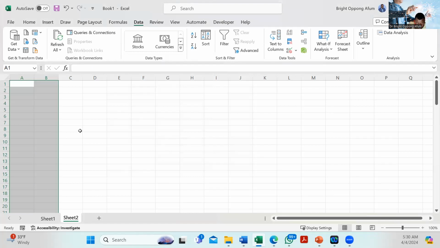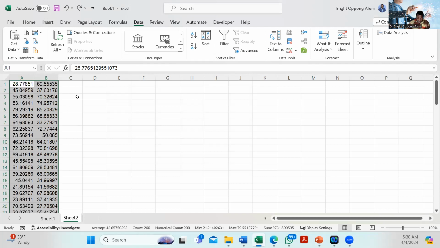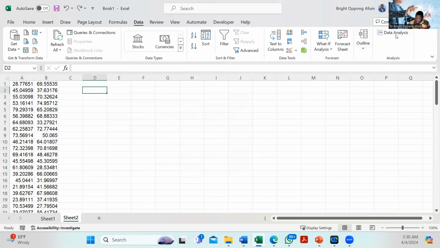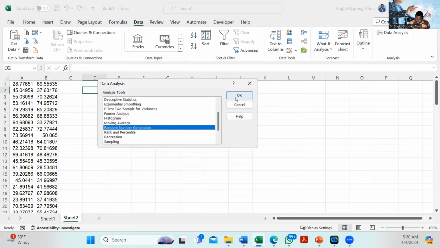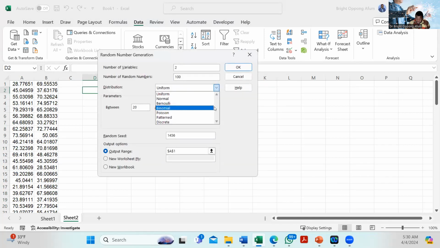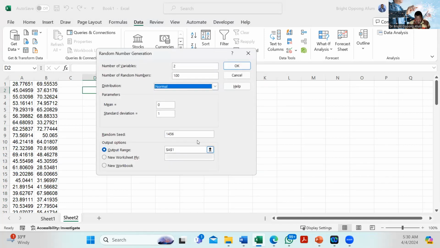So assuming, I'm not going to delete that, so assuming I want to determine another one using the normal distribution, and the mean of my data I've found out to be around 65, and there's a standard deviation of, let's say, 12.